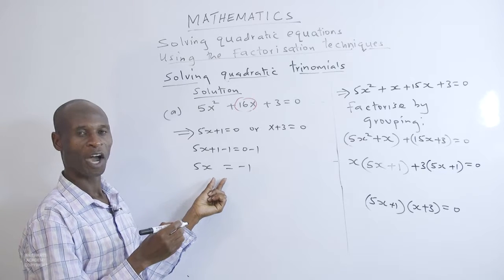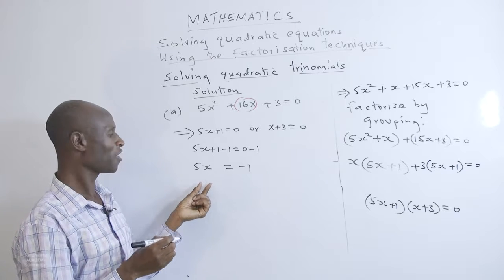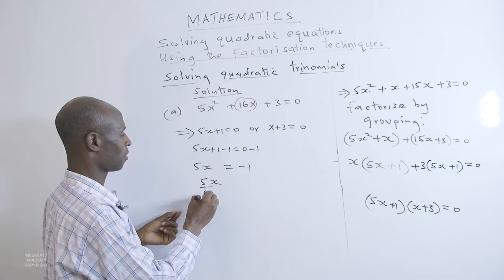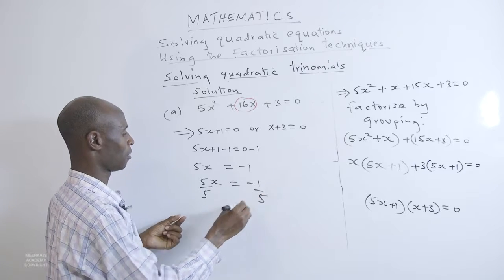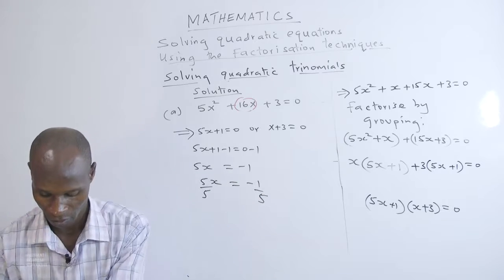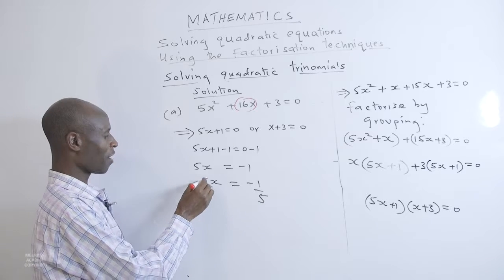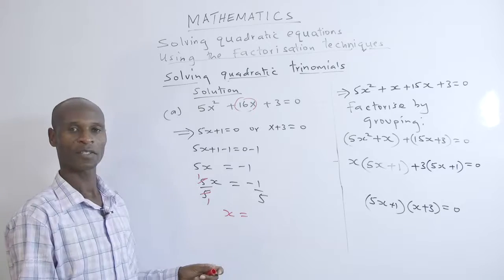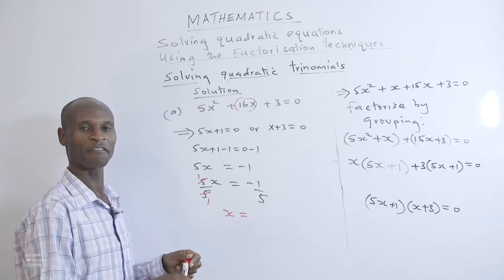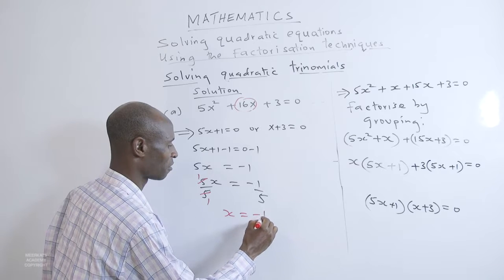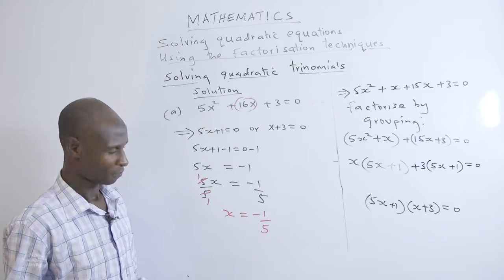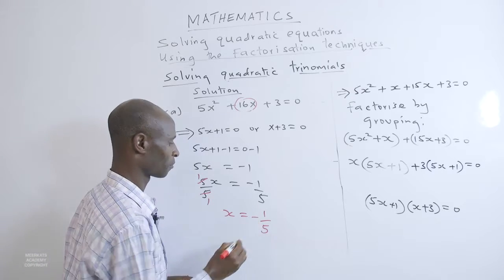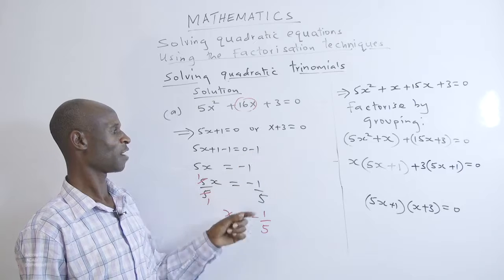To find the value of x, you divide both sides by 5. So 5 divided by 5, we remain with 1x, which is x. Then minus 1 divided by 5 is minus 1 over 5. That's the first value of x.